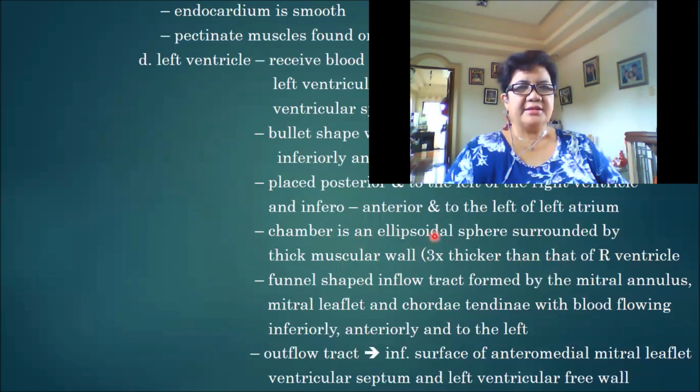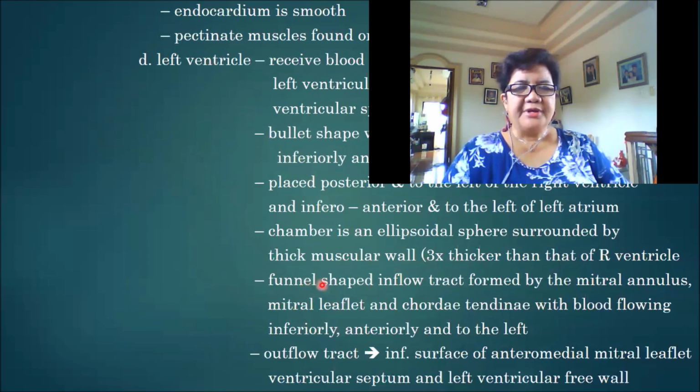So that's why it needs a stronger contraction to push the blood out of the left ventricle. Now, in terms of size, the left ventricle is bigger than the right ventricle.